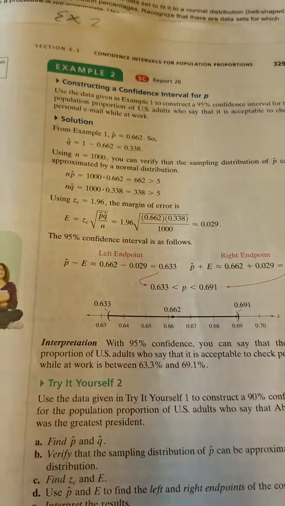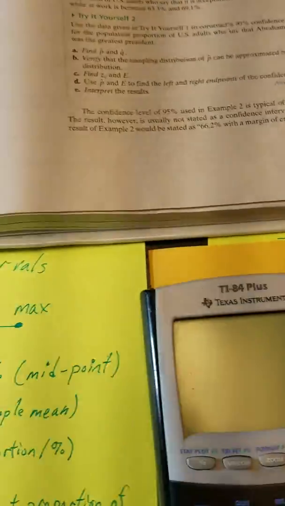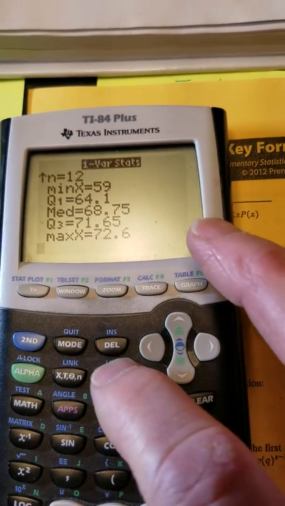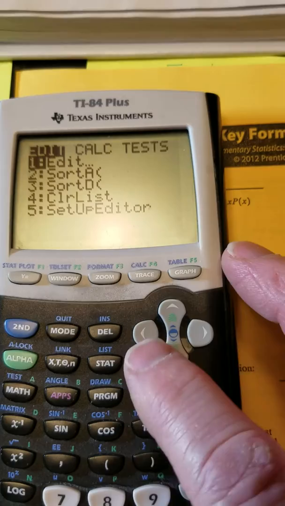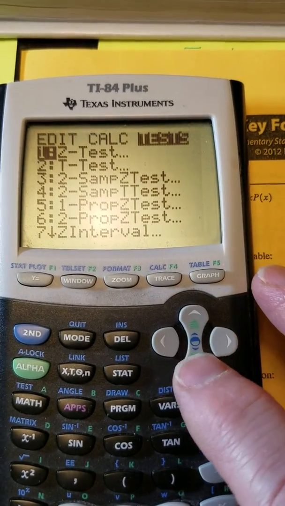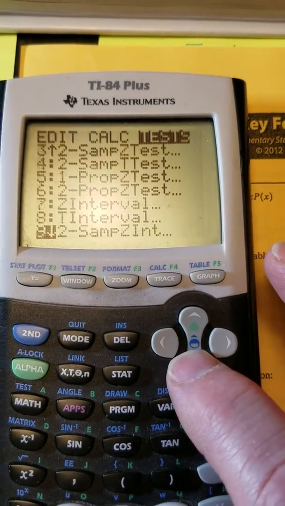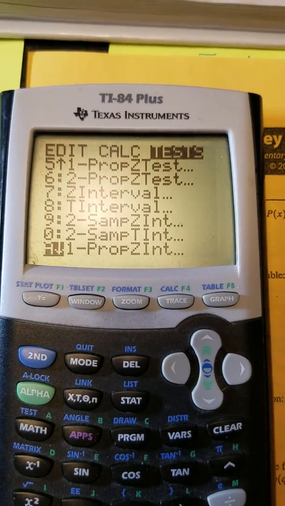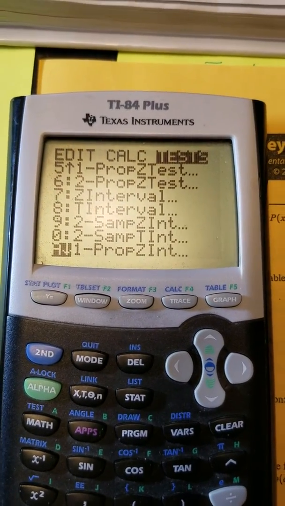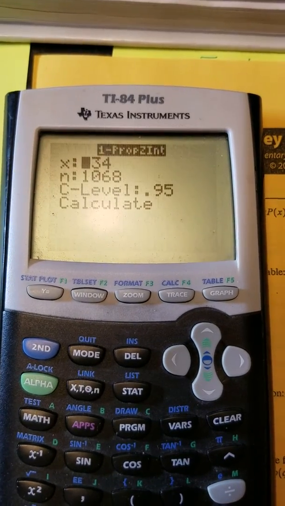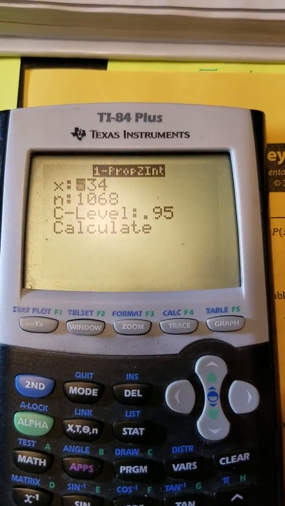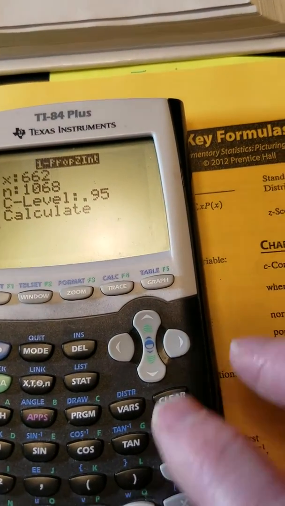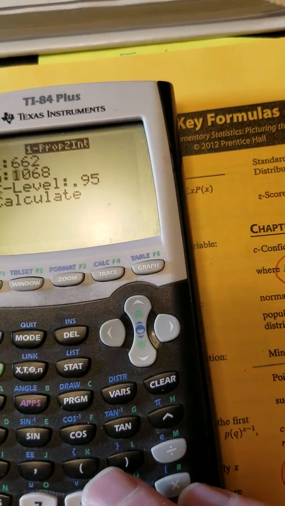Okay, but how do we do this on the calculator? So here we go. On the calculator, you go to stat, then test, and then down at A, right here, 1-PropZInt. When you get here, you just put in your numbers, which if I remember right, are 662 and 1,000.